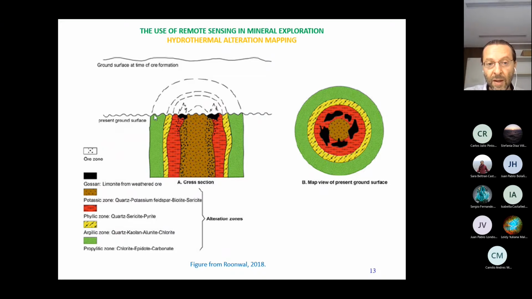You see, this is the present ground surface. So imagine if we were to use a sensor, we should be able to see the distribution of these zones because they have different minerals, and then we can use reflectance spectra to actually illustrate the distribution of some of these minerals. So this is the theory behind what people do.